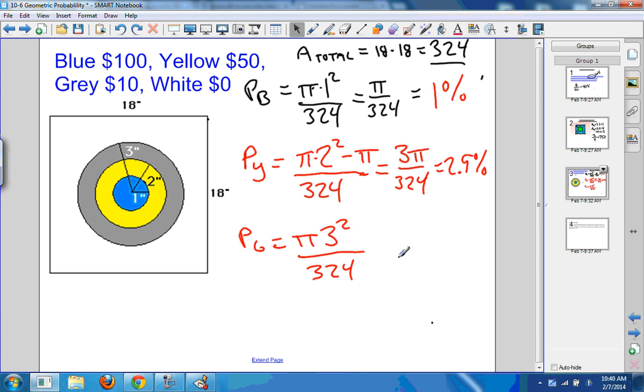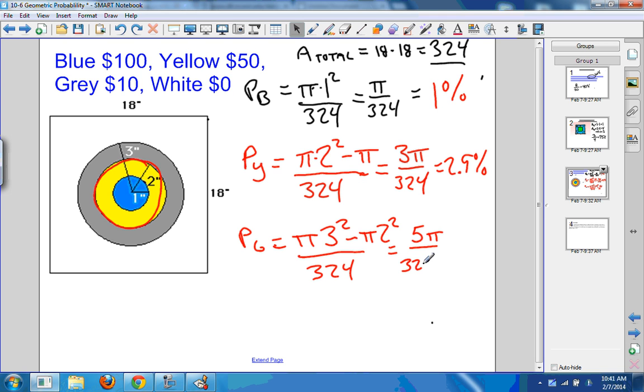And then we need to subtract out this circle here. So the area of that circle is pi times 2 squared. So we have 3 squared, which is 9 pi, minus 2 squared, which is 4 pi. So 9 pi minus 4 pi is going to be 5 pi over 324.